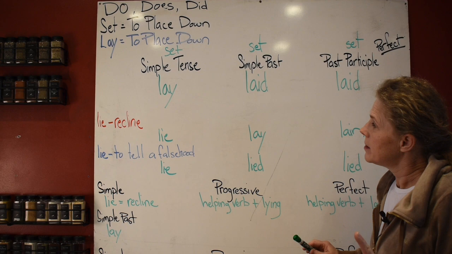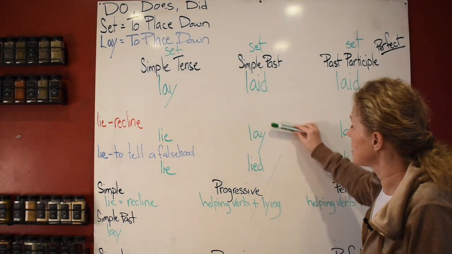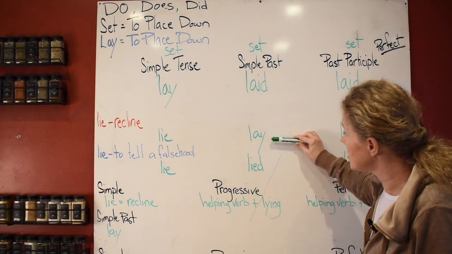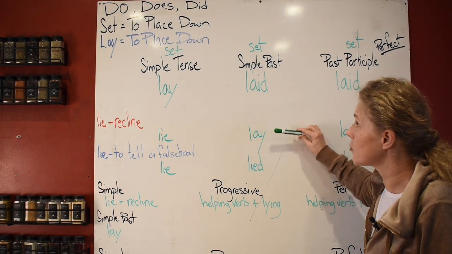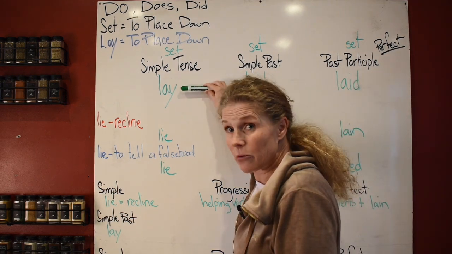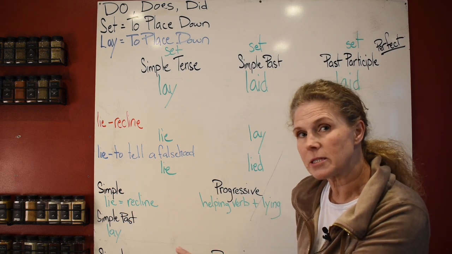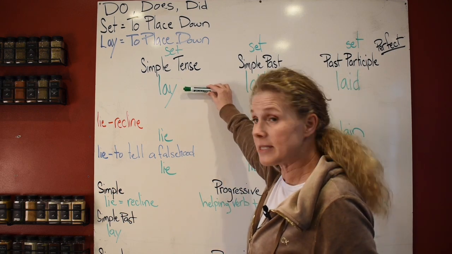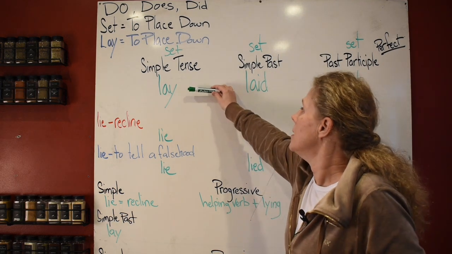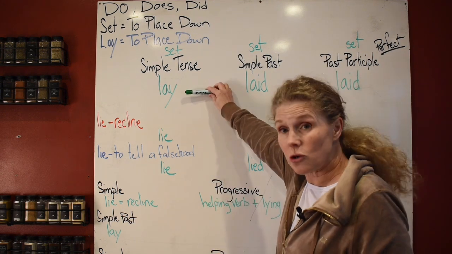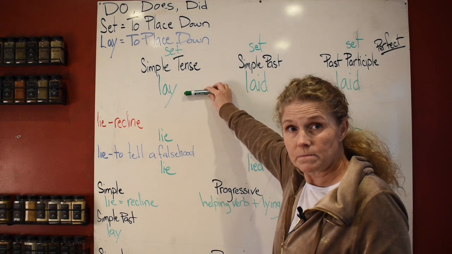Now, that means this lay right here is an intransitive verb. It does not take a direct object. But this lay right here is a transitive verb. It takes a direct object. So, listen to how we're going to say this. I lay my head on the pillow. What's your direct object? Head.